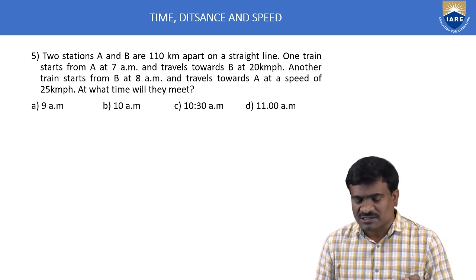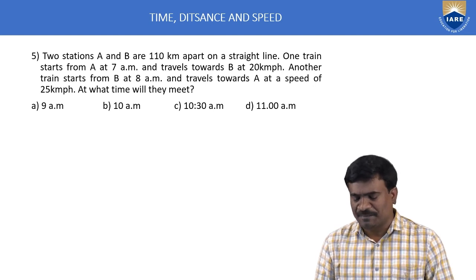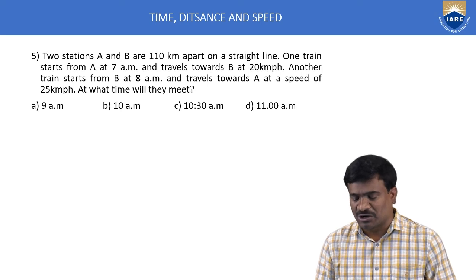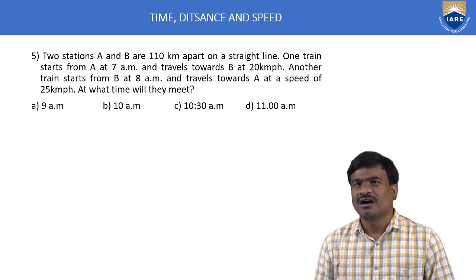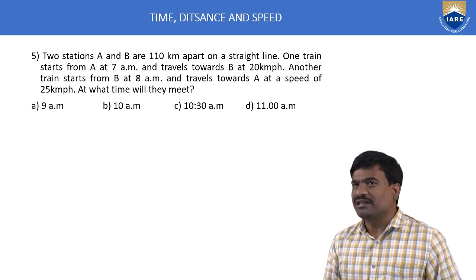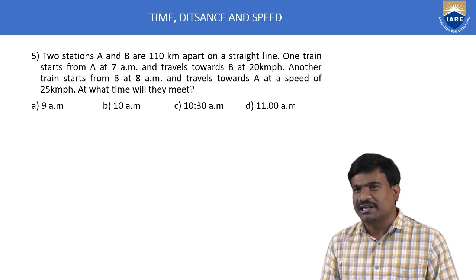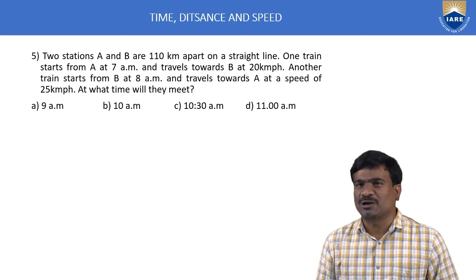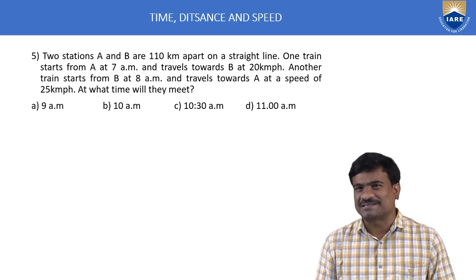One train starts from A at 7 a.m. and travels towards B at 20 km per hour. Another train starts from B at 8 a.m. and travels towards A at a speed of 25 km per hour. At what time will they meet?